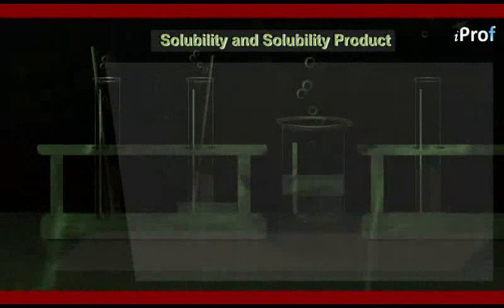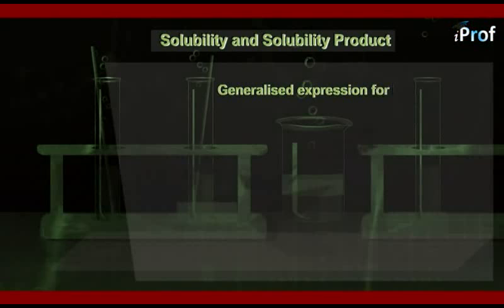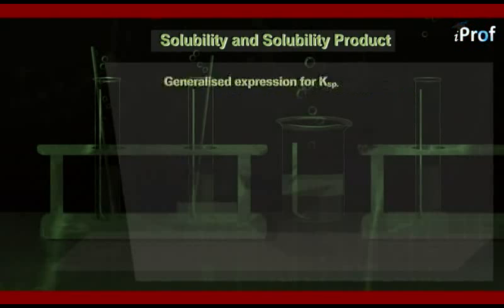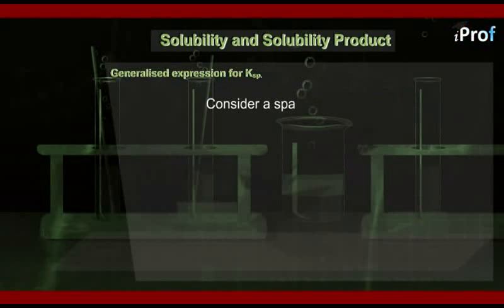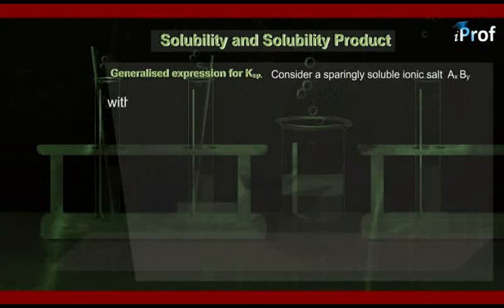Now, let us see a generalized expression for solubility product KSP. Consider a sparingly soluble ionic compound AxBy with A^(y+) cations and B^(x-) anions.